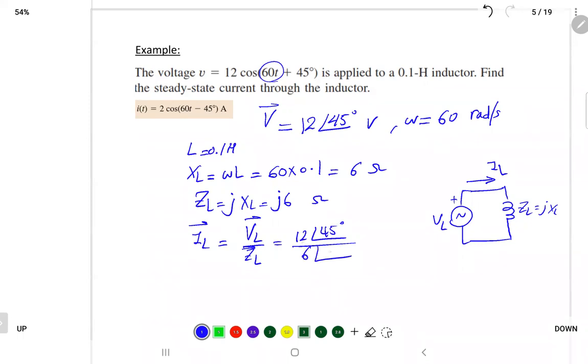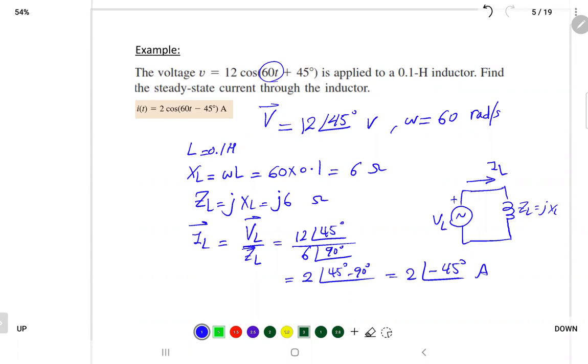You can make it 6 angle 90 because j means 90 degrees. When you divide, you find 2 and 45 degrees minus 90, because the 90 on the bottom comes up as a negative sign. So you have 2, and the angle is minus 45 degrees. And that's the current in phasor form.